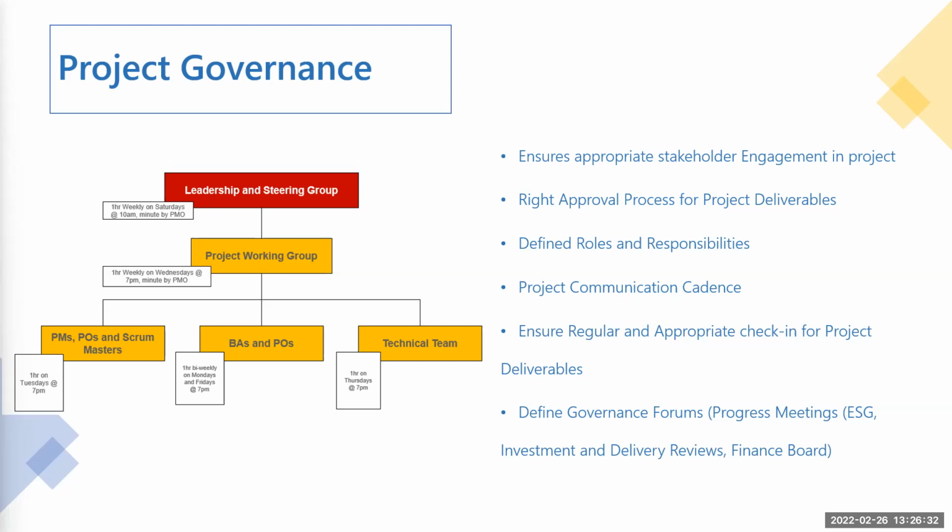What forum do we want to present our change requests in? What forum do we want to escalate certain things to the senior stakeholders? What forum do we want to provide status updates on how the project or the program is progressing? So these are some of the things that the PMO helps to support.